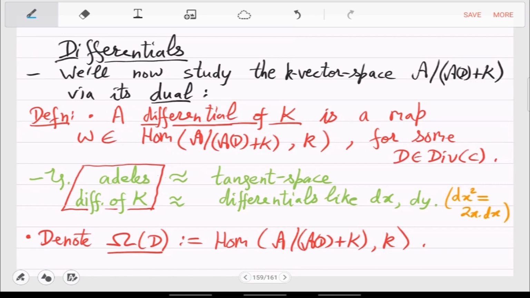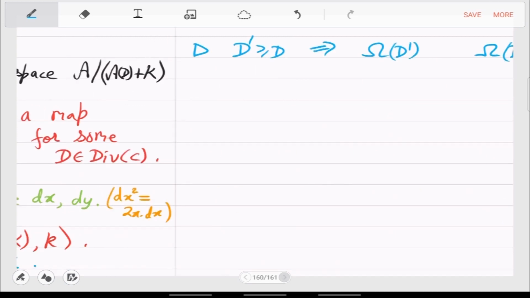Because you have this mod AD plus K, so maybe this should be remembered. So any omega here has to annihilate the modulus which is AD plus K. So you are interested in those linear maps on adels that have to annihilate all the functions, and they also have to annihilate all the adels which are greater than or equal to minus d, right? That is what essentially you want.